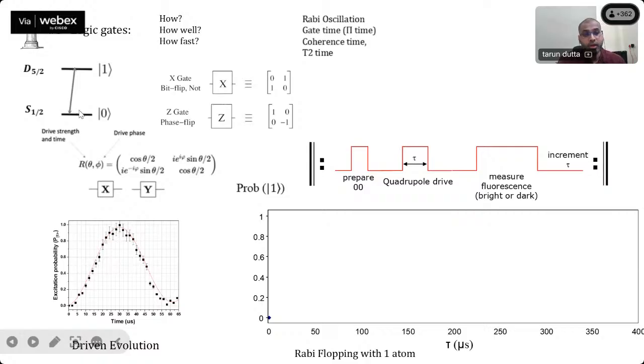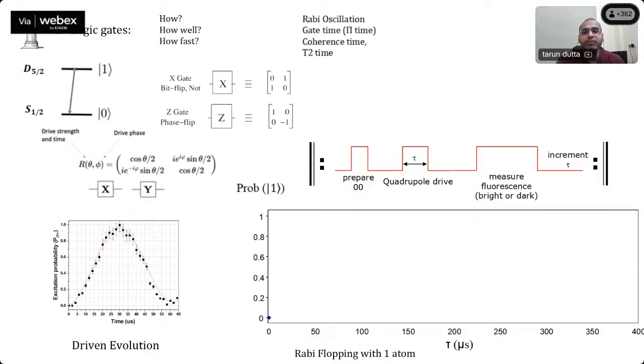Now, you already know the Rabi model, right? In order to understand atomic structure, we usually start with a two-level system. So here we are driving the laser so that we can transfer population from the 0 state to the 1 state. D5 by 2 state is a metastable state, it's not an excited state.